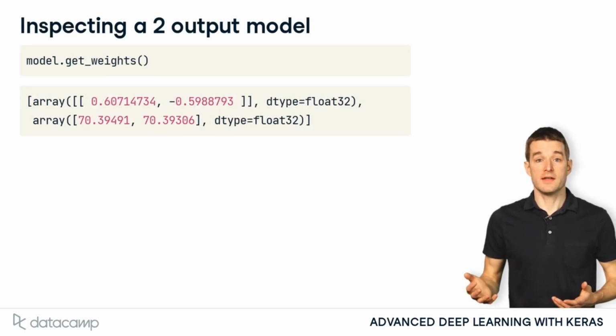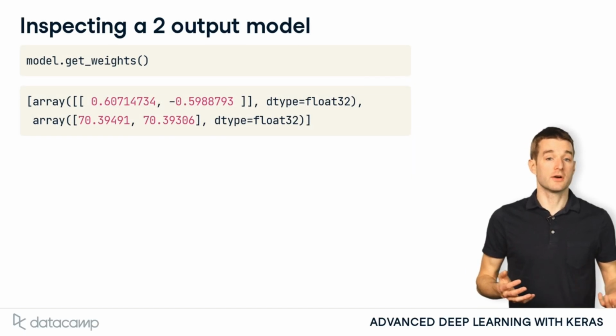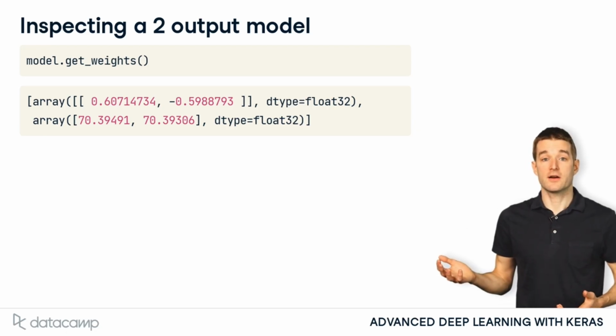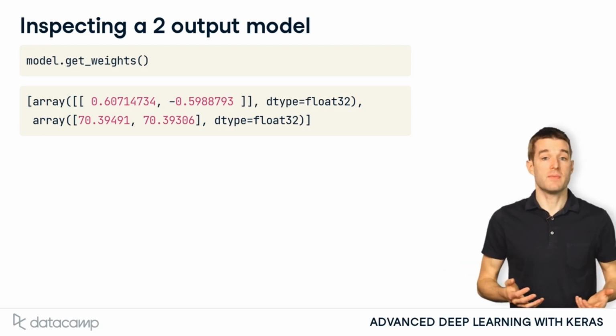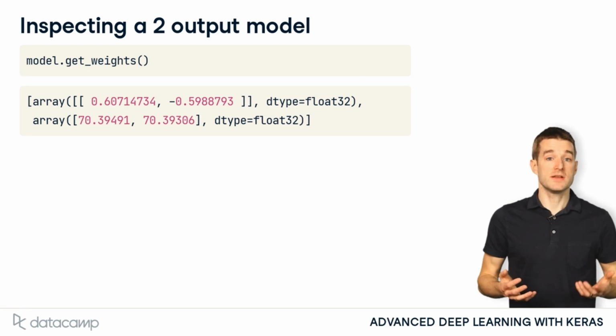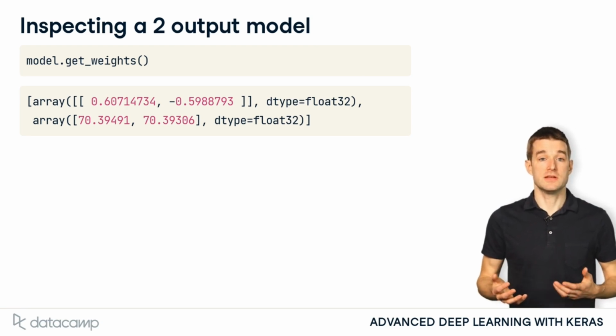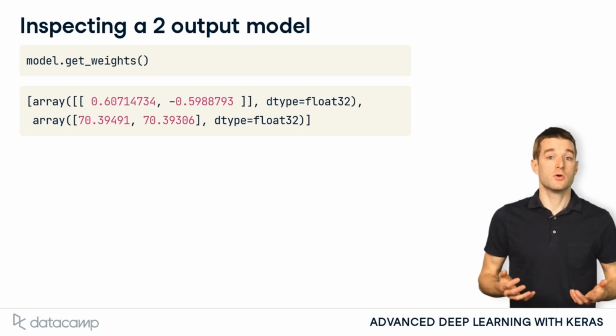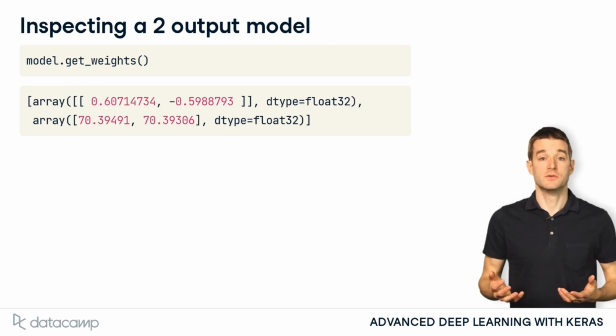Now that the model is fit, you can take a look at what it learned. The dense layer has 2 weights and 2 biases. The weights indicate that each additional unit of seed difference for the input data equals about 0.60 additional points for Team 1 and 0.60 fewer points for Team 2.